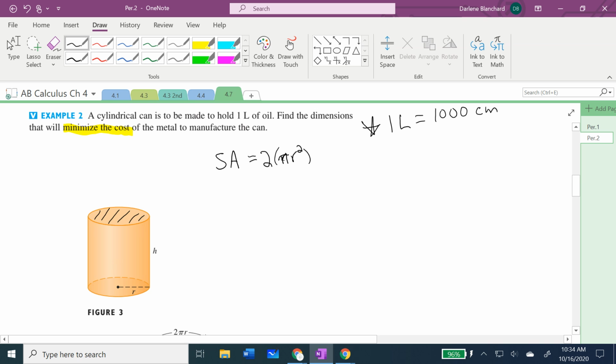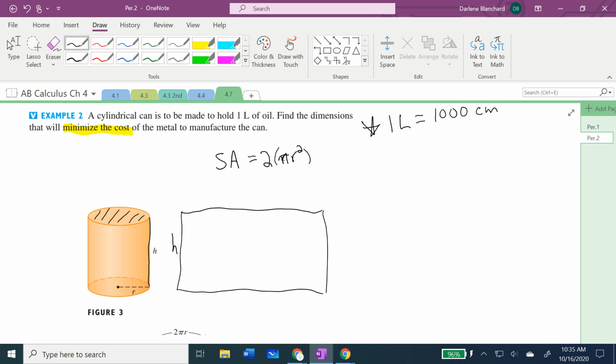And then we have the lateral surface area. But if you've ever peeled a label off a can, you know that that is actually a rectangle. The height of that cylinder is one of the dimensions of the rectangle. And can you tell me what the other dimension comes from? Circumference of the circle. Woo woo!